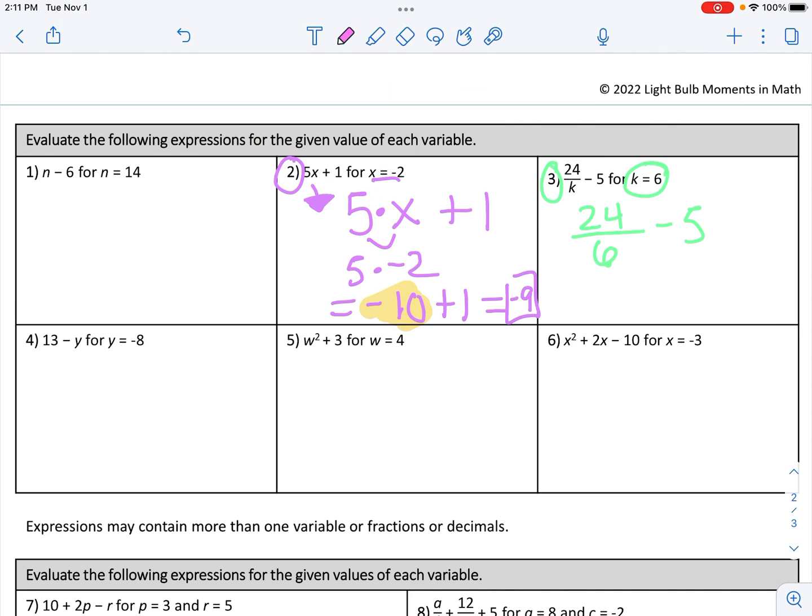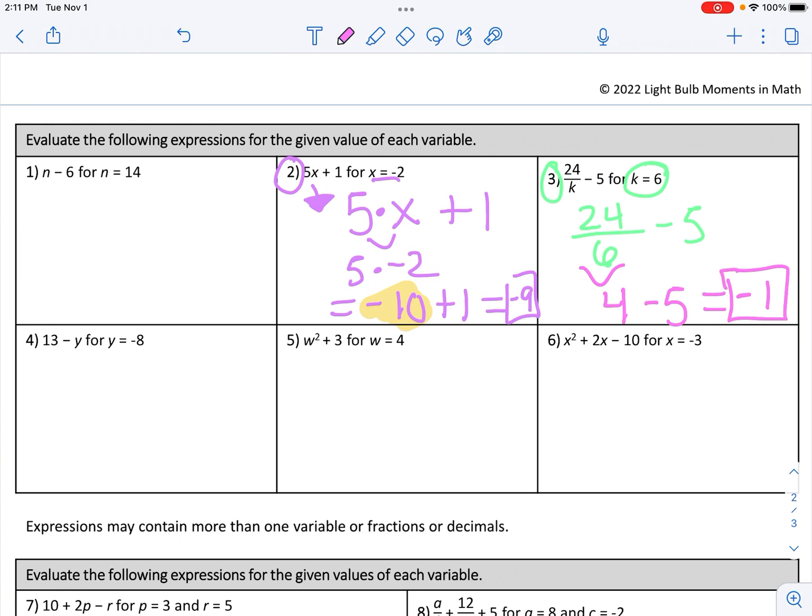I am going to divide. So 24 divided by 6 is 4. I still have to subtract my 5. 4 minus 5 is negative 1. So my final answer here would be negative 1.